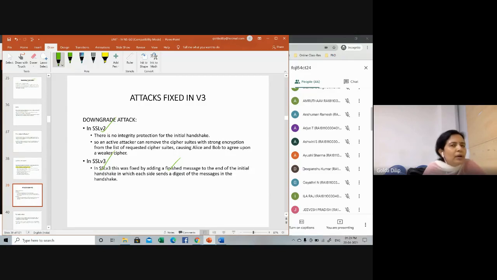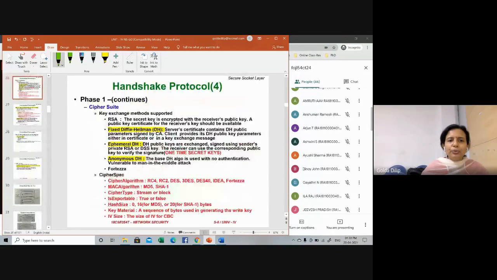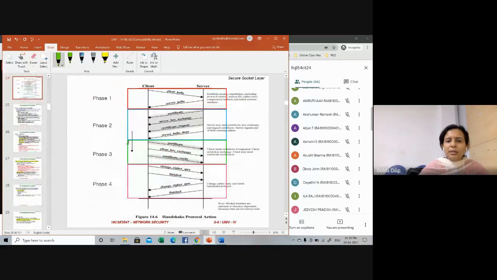That is to ensure that the parameters are not being modified in the middle by an attacker. The certificate and certificate verify messages are optional. When we discussed the various phases, you could see these are optional, like the certificate request. They are shaded in gray, and shaded in gray means it's optional.